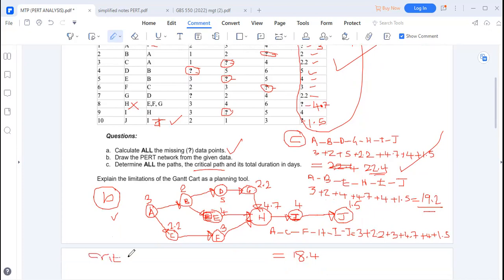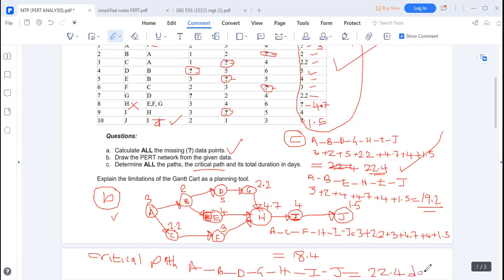Okay, so a critical path, we are simply saying our critical activity or critical path is just that one, which is A to B to D to G to H to I and to J, which is actually giving us 22.4 days.